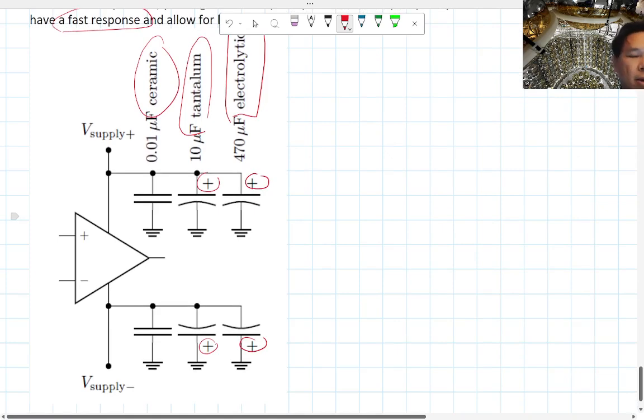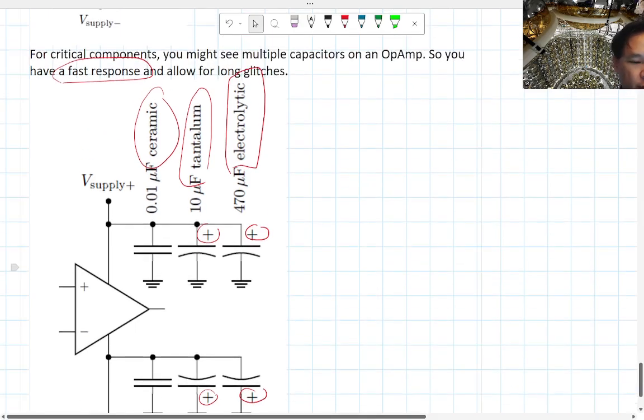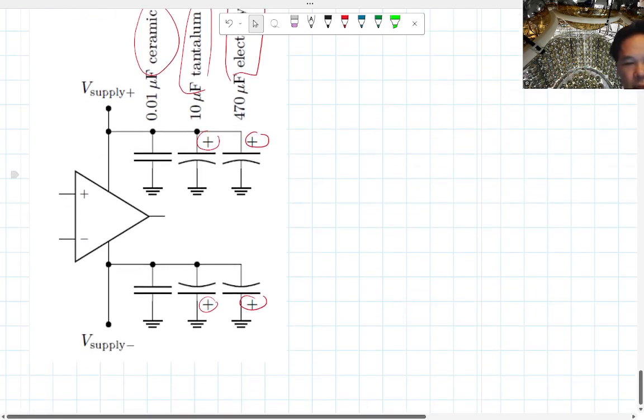That's what these tantalum and electrolytic power capacitors are made for, so they can stabilize the power supply voltages on your electronics. You're going to see this a lot, especially for mission critical applications, where you want to deal with the fast noise in your power supply and also be able to last a long time in case there is a long glitch that takes on the order of milliseconds to recover from.